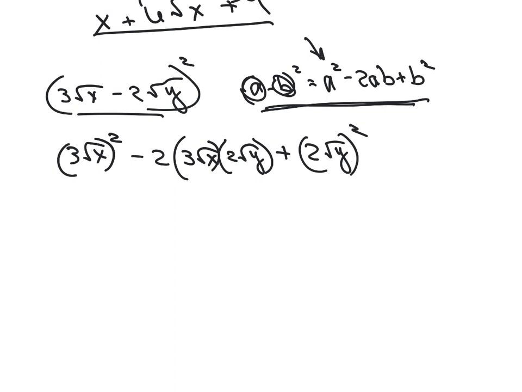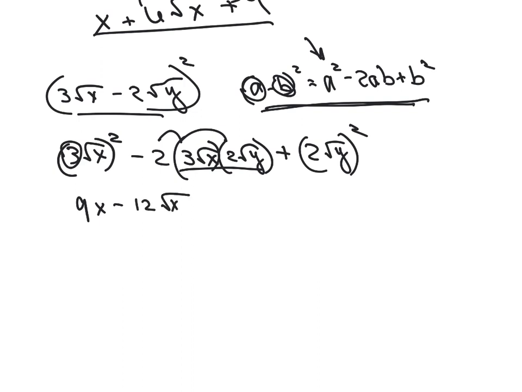simplifying here. So 3 squared is 9, square root of x squared. Remember again, this number and this number are the same. We can just write it as x minus, okay, let's combine all of this. 2 times 3 times 2 is 12.